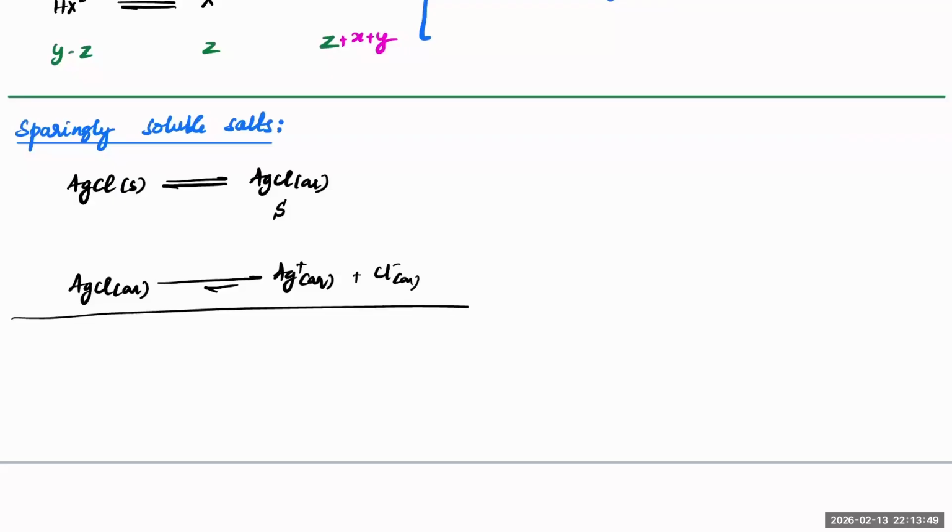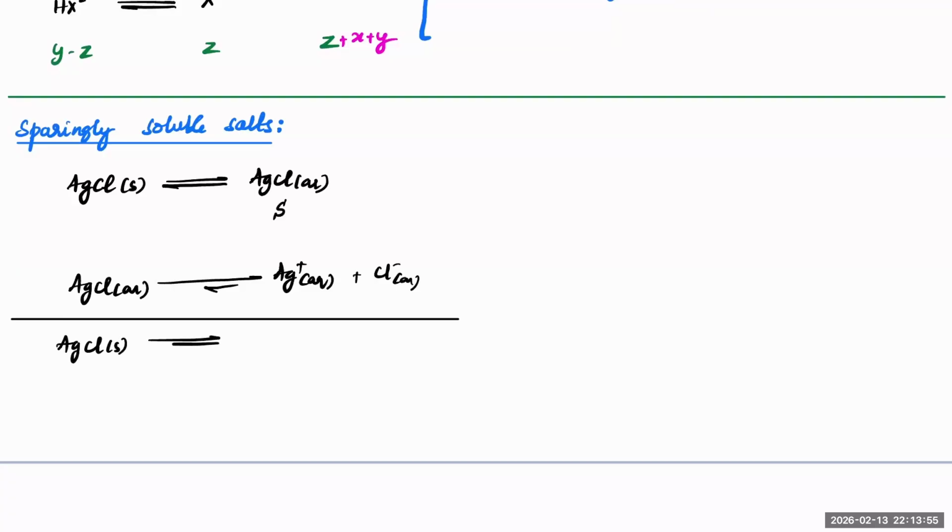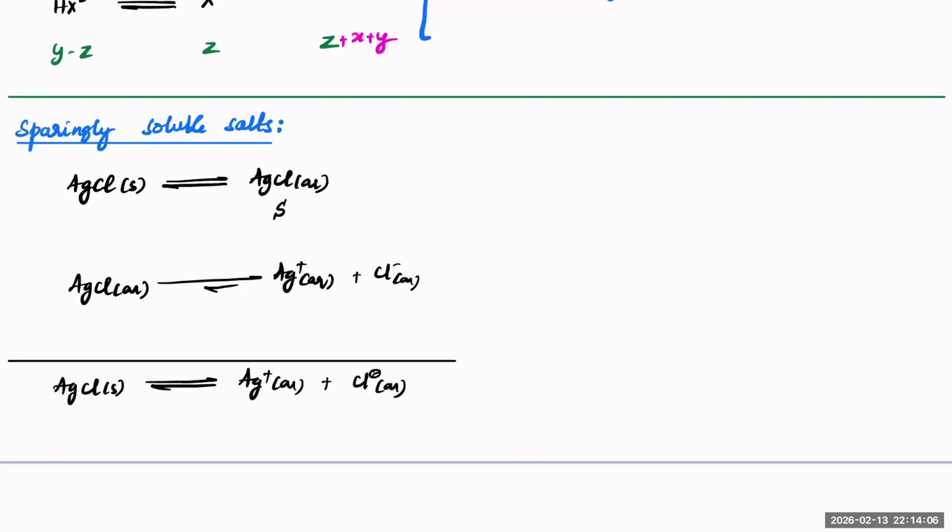Now it will give a new equilibrium, which is AgCl solid in equilibrium with Ag plus aqueous plus Cl minus aqueous. Got it? Which means if initially this was S concentration, and it started ionizing into some alpha amount, this will become S alpha, and here also I'll write S alpha.